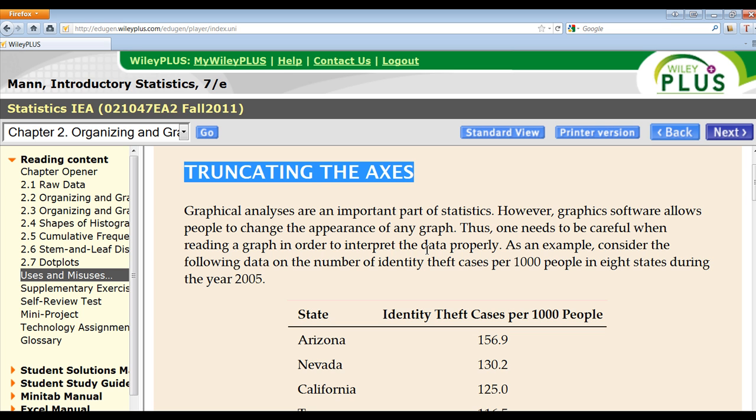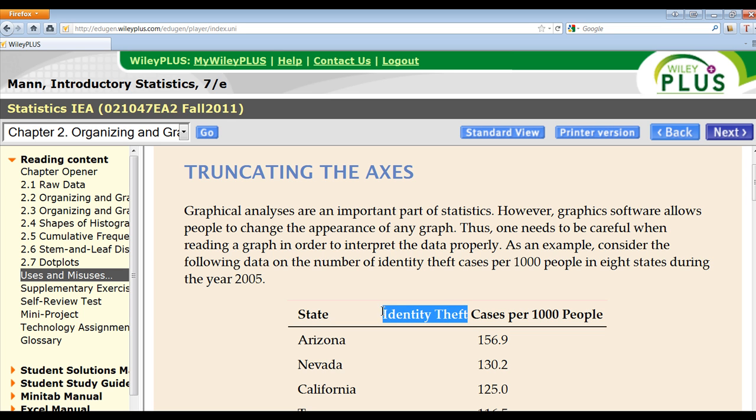As an example, consider the following data on the number of identity theft cases per 1,000 people in 8 states of the United States during the year 2005. Identity theft means if somebody gets your identity, they might act as though they're you online, and that can cause you a lot of trouble.